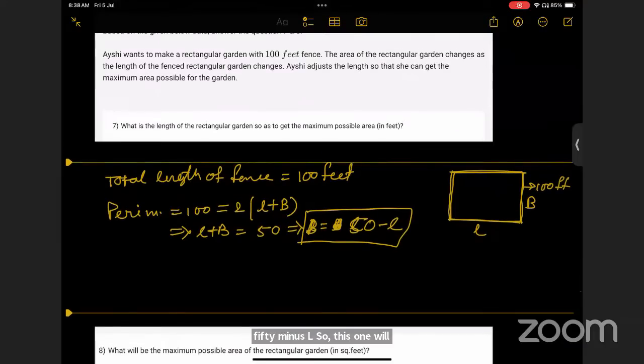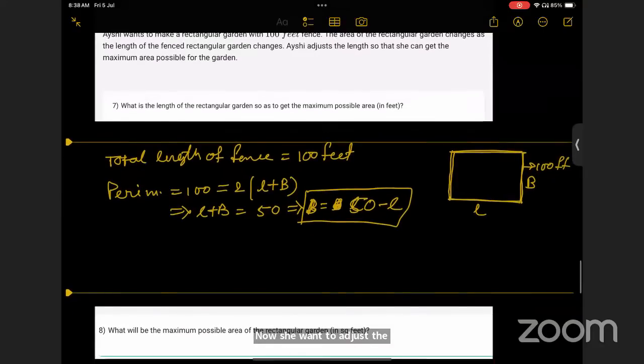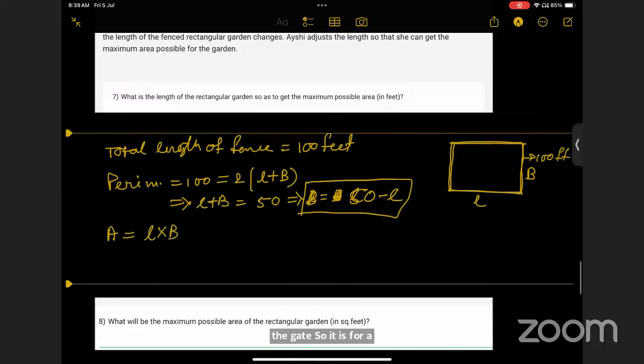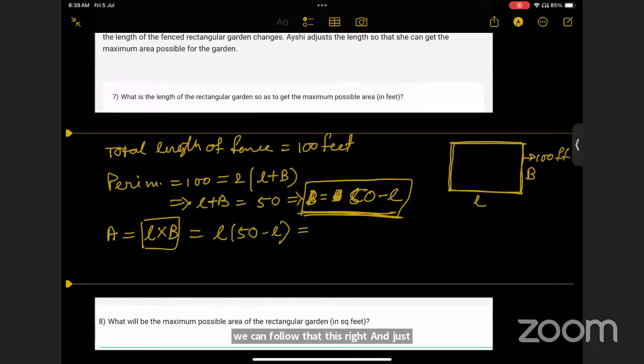Now she wants to adjust the length so that she can get the maximum area possible for the garden. So area for a rectangle is length into breadth, right? So we can look from this equation and this equation, it will be this, right? And just simplify it, 50L minus L square.